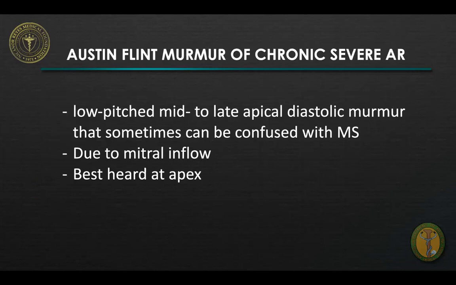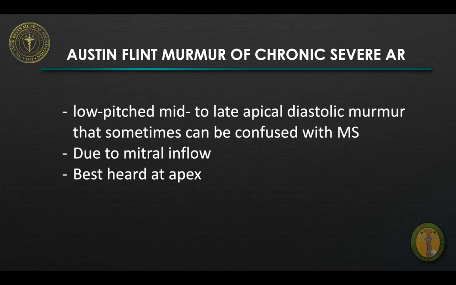An Austin Flint murmur of chronic severe aortic regurgitation can mimic a mitral stenosis murmur. This is a low-pitched, mid to late apical diastolic murmur that sometimes can be confused with mitral stenosis.